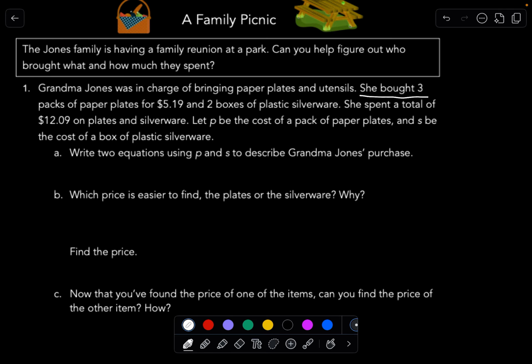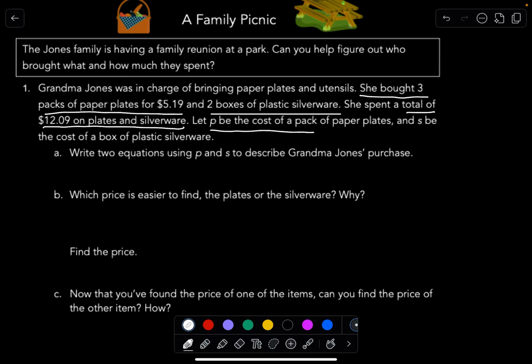She bought 3 packs of paper plates for $5.19 and 2 boxes of plastic silverware. Notice they don't tell you how much the 2 boxes of plastic silverware cost. However, they do tell you she spent a total of $12.09 on plates and silverware.